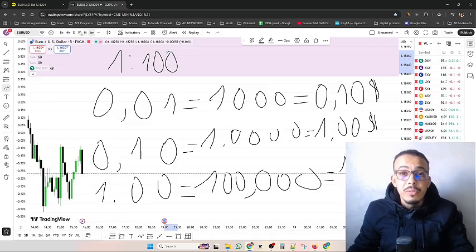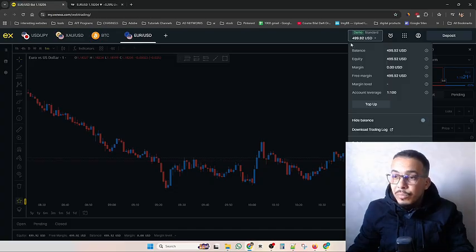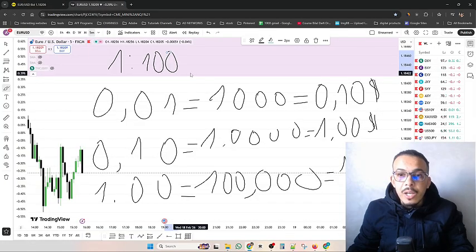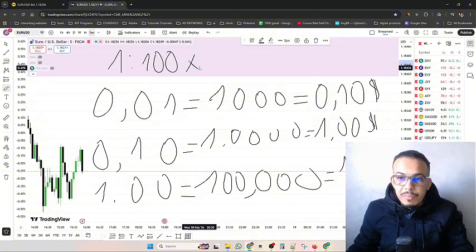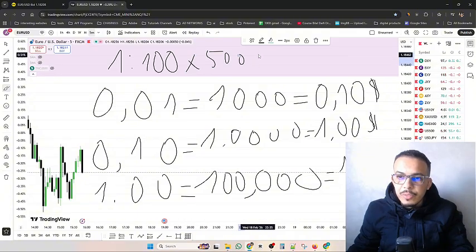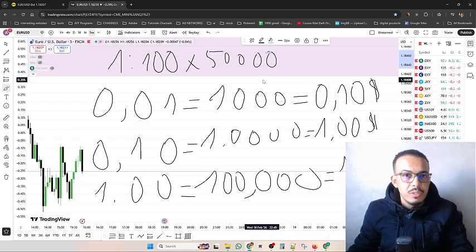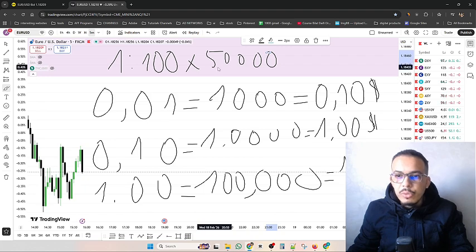Let's say, for example, I deposit in this broker $500. Now you will multiply that by 100, which will be $50,000. If the leverage is 1 to 30, you will multiply your capital by 30. That will equal $15,000. Okay, 15K.